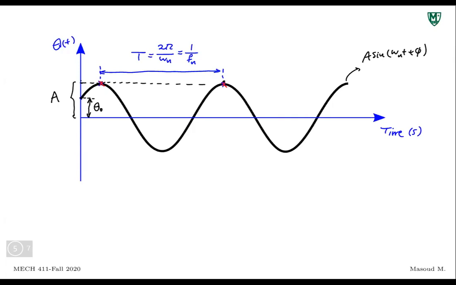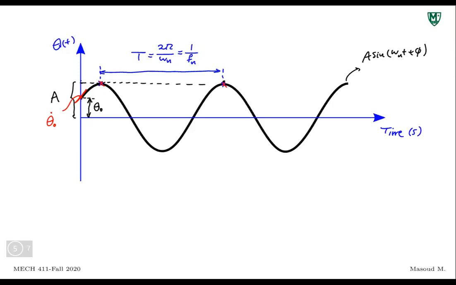Because this is theta, the slope of this would be d theta dt, which means that the slope of the line here is theta dot naught, the initial velocity. How fast I push this at the beginning of the motion.